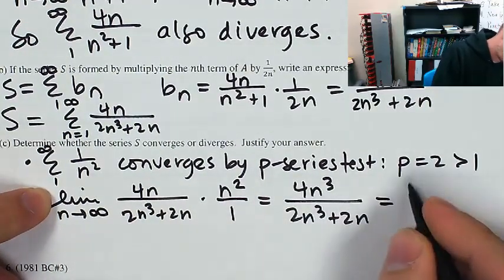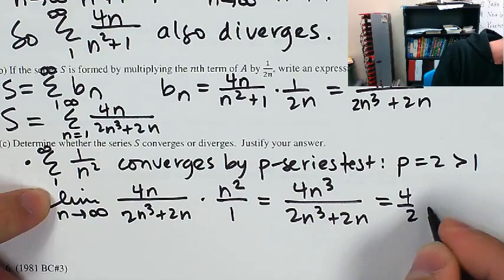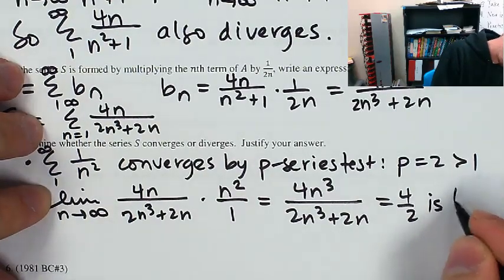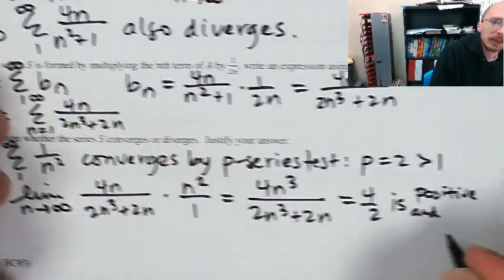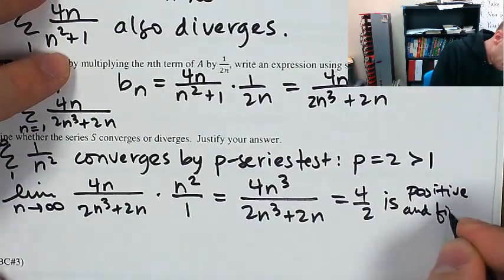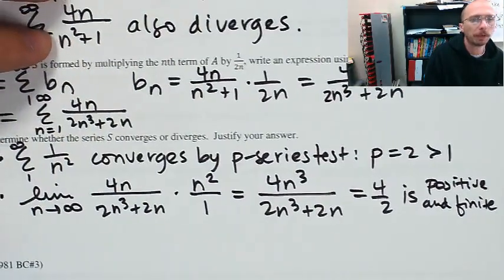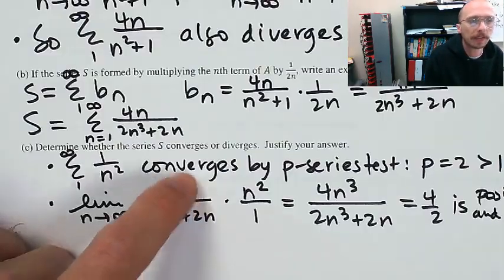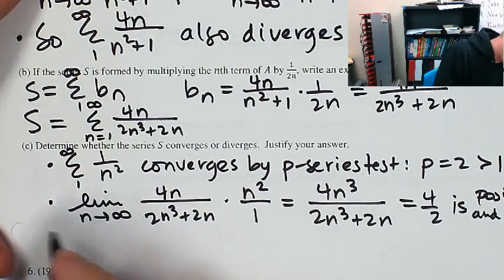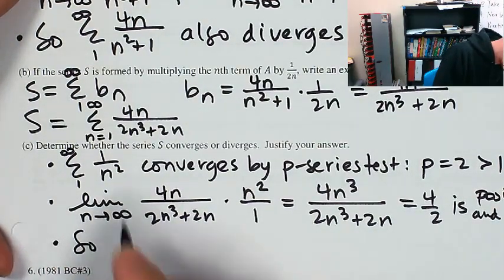That limit's going to be 4 over 2. Okay, that limit is positive and finite. Okay, so the limit comparison test works. So this series has the same behavior as that series, which is to say it also converges.